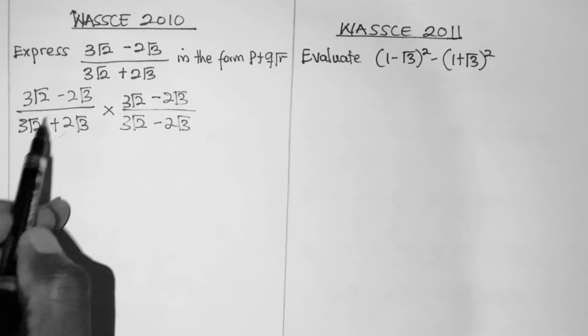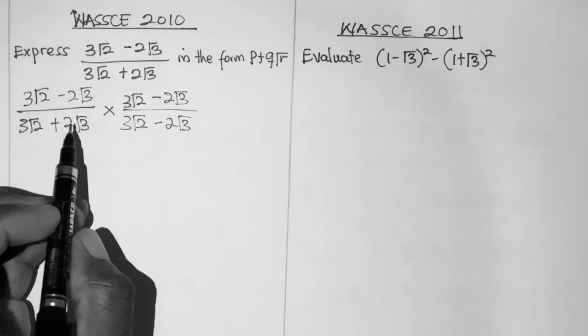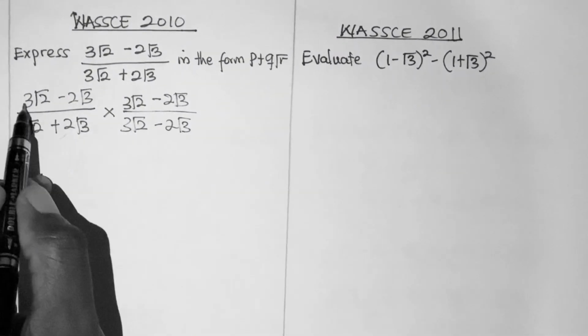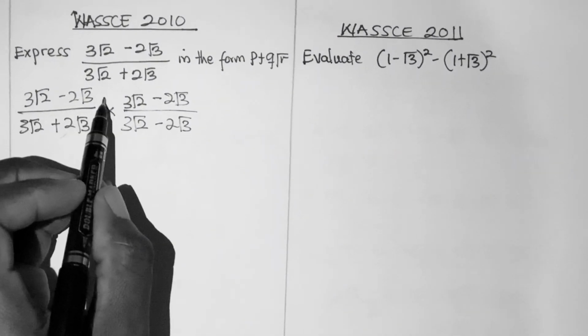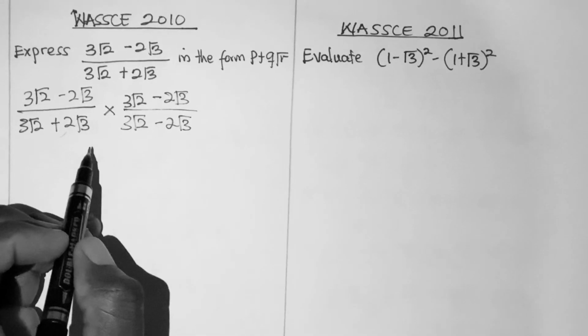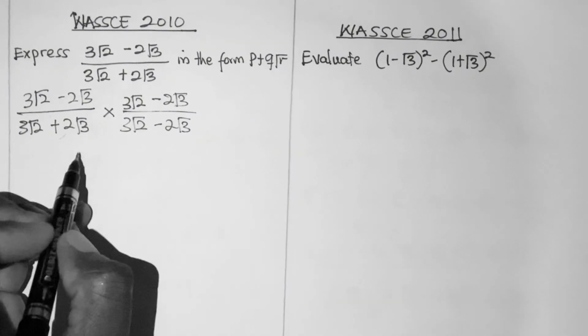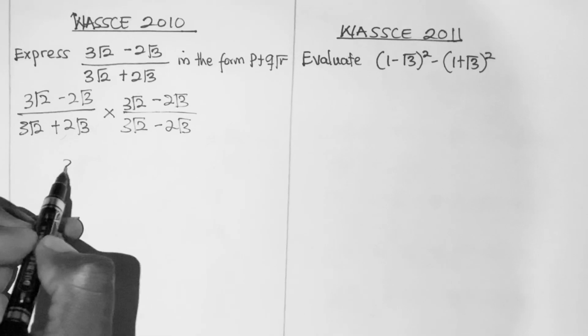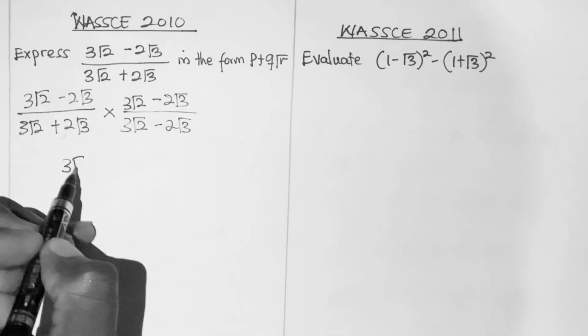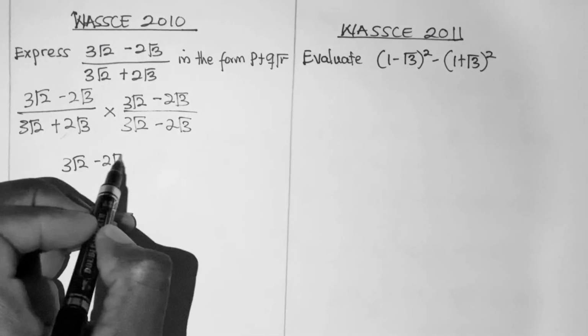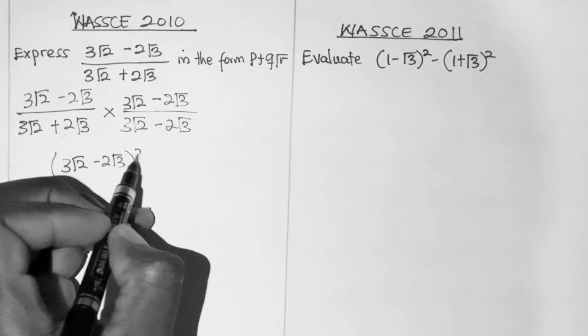So all we needed to do was to change this sign and multiply. You see that here's 3 root 2 minus 2 root 3, and 3 root 2 minus 2 root 3. If you multiply both, the numerator becomes (3 root 2 minus 2 root 3) all squared.